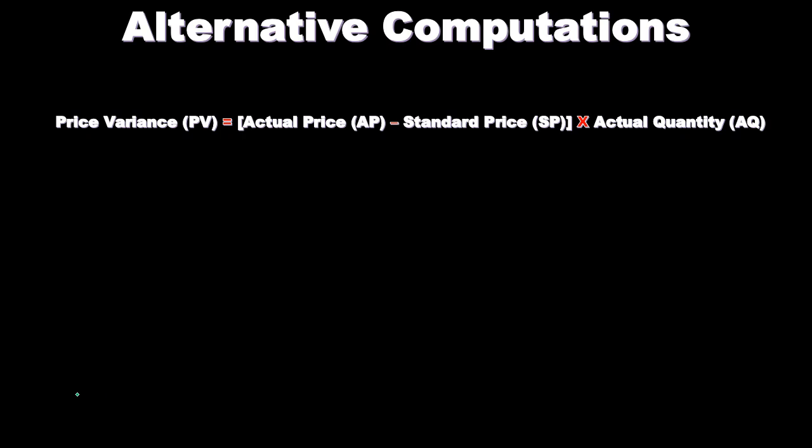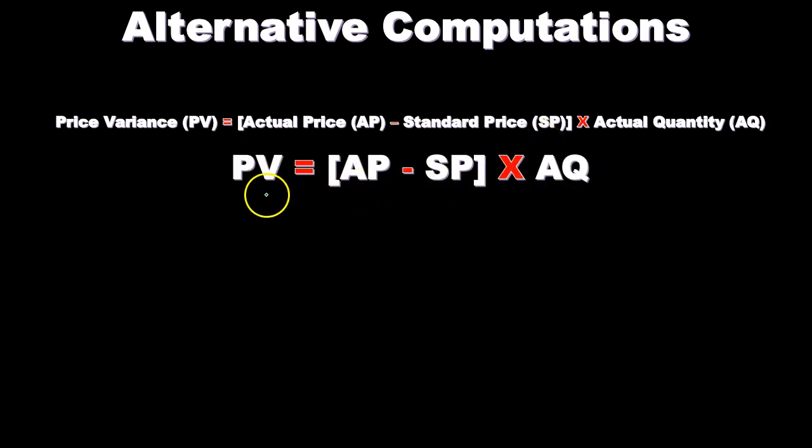Now we'll go over some alternative types of computations. These could be a little bit longer, but they could make more sense in some ways, so it's useful to look at them. The price variance, or PV, equals the actual price, AP, minus the standard price, SP, all of that times the actual quantity.